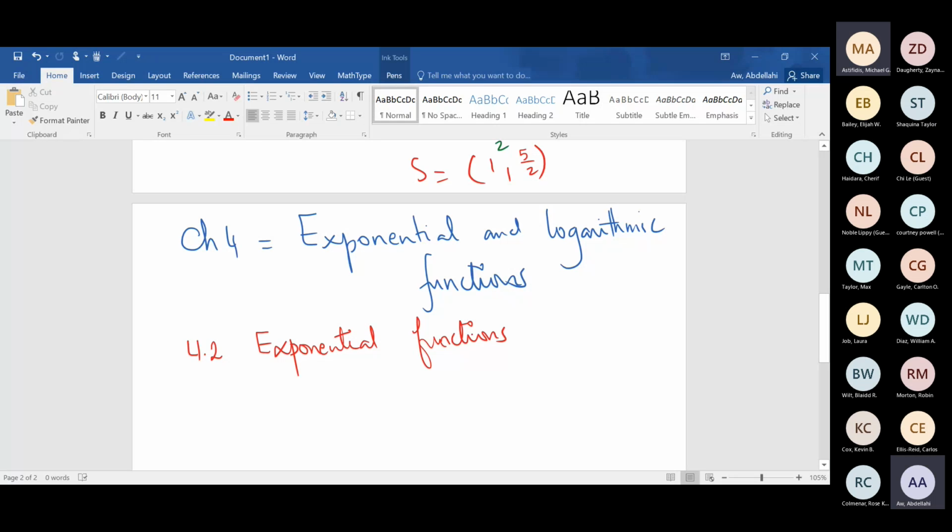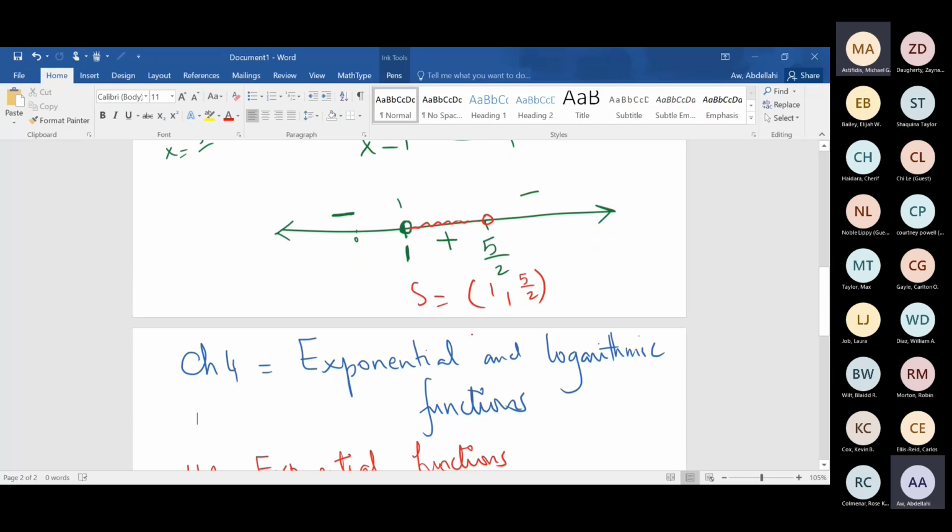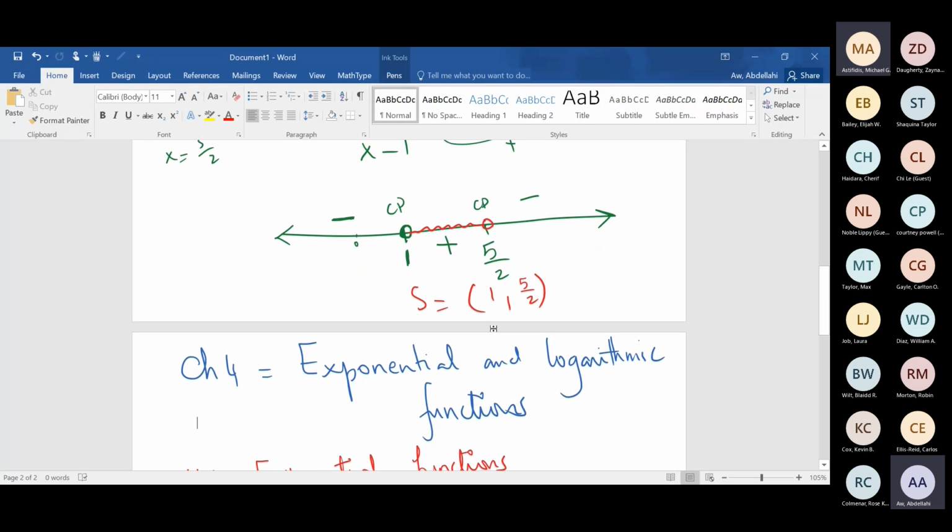What are the exponential functions? A small introduction to that is this story about exponents. When they are simple, the definition is very simple. When they are nice exponents, for instance, all of us know what 2 cubed is.